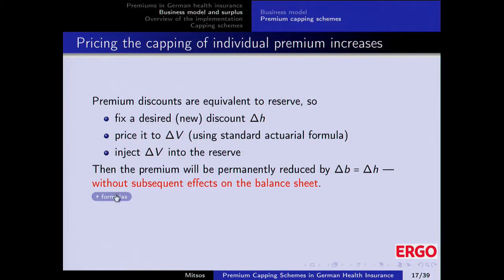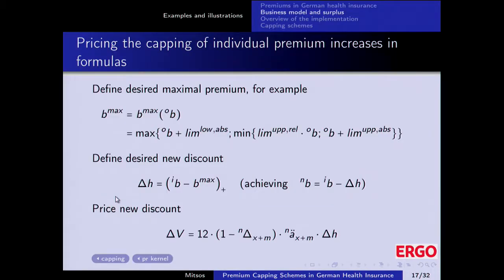Okay, the formula would be this. We need some function of the old premium that gives us a maximum acceptable premium after the recalculation. One such formula could be this. We will see it graphically presently.